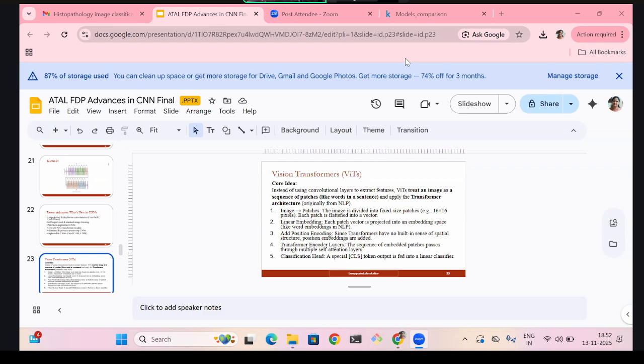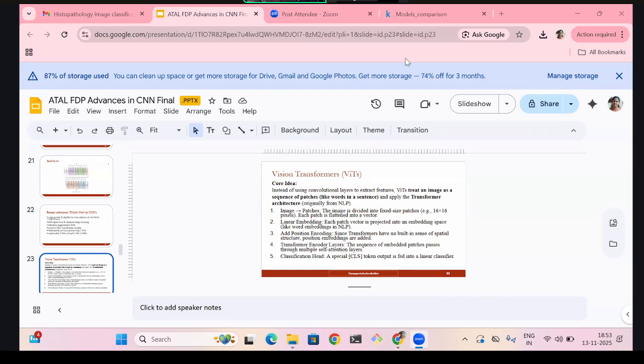Suppose for a face recognition task, in order to recognize the face of a person, we are supposed to know the features with respect to eyes, nose, ears, the forehead, the chin area, like that. We are supposed to learn different features of a particular person in order to identify that this image belongs to this particular person. So these are called features.